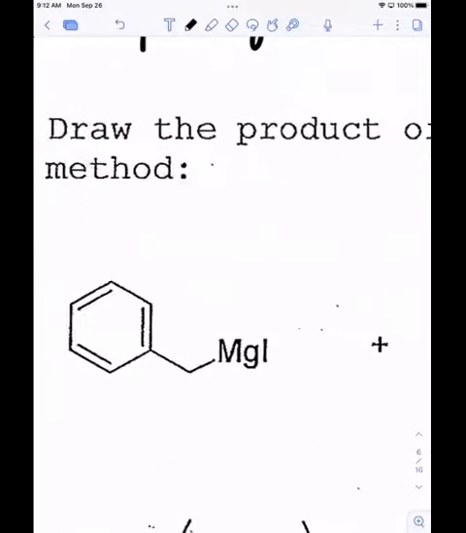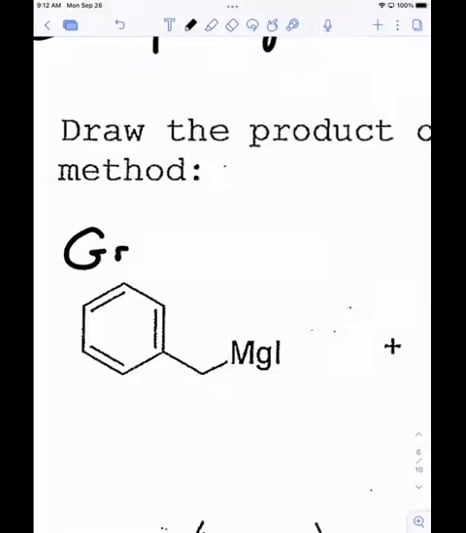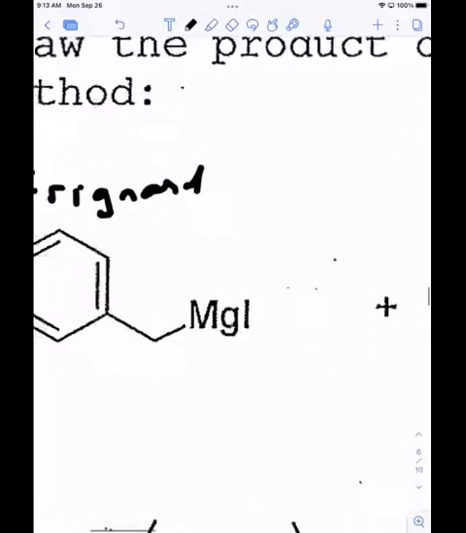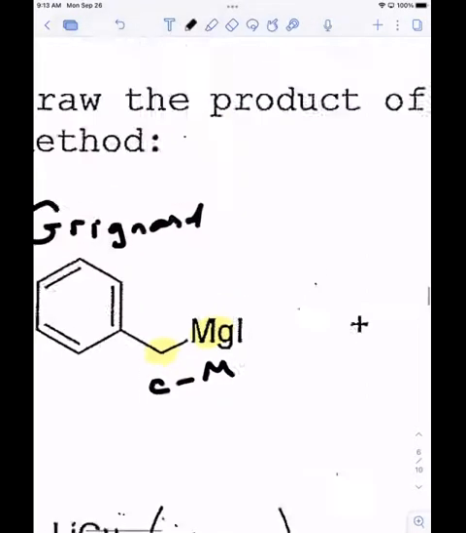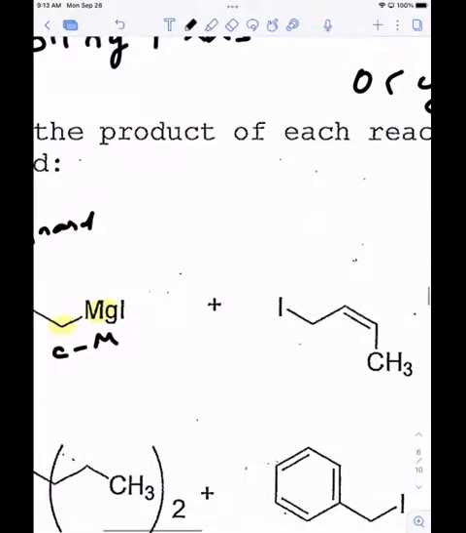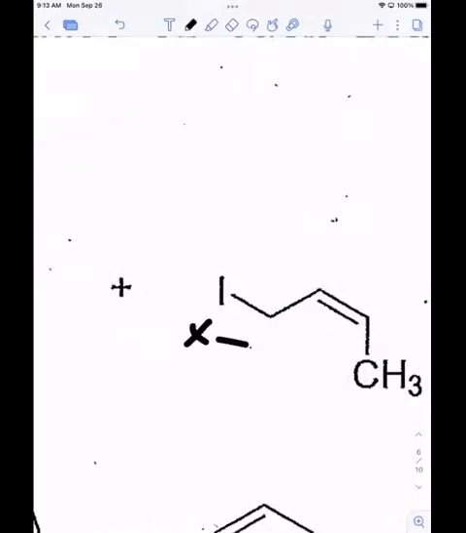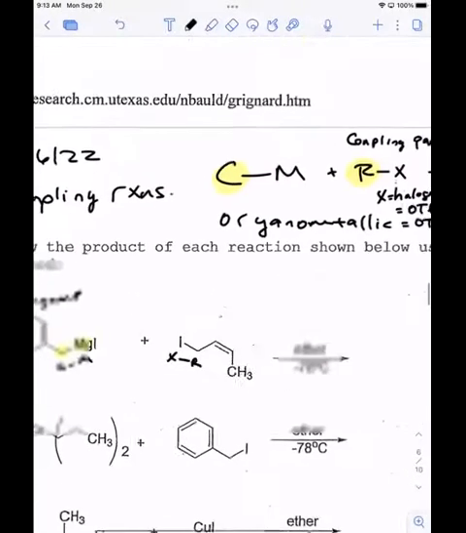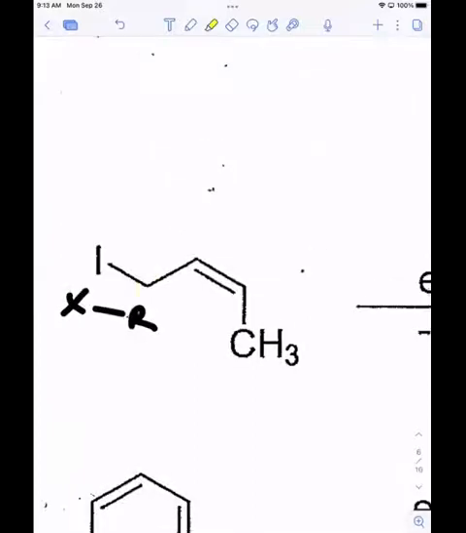It's a Grignard, and we know that because of magnesium. So this is CM. Obviously, this is C for carbon, and this is M. And then on the other side, the halogen is my X, and that carbon right there is my R.